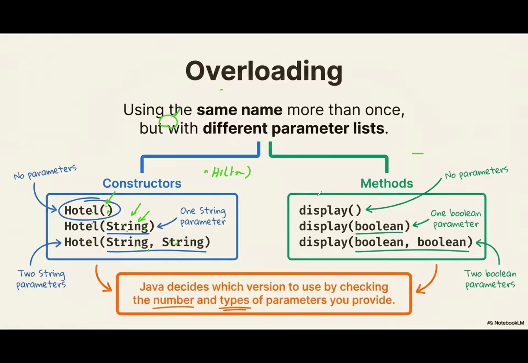Now I can do the same with methods. I can use the same method name that takes no parameters at all, and then create another method that takes only one Boolean, and a third method that takes two Booleans. That is how we can also do overloading in methods.